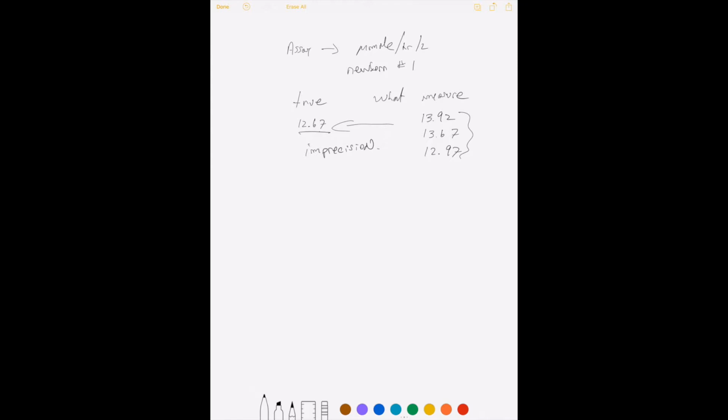All right, so how do we deal with imprecision? Well, the way statisticians deal with this is to realize that we observe, this is the observed distribution, which is log normal. Well, I didn't draw it very well. It's a little more log normal. And this is the observed distribution.